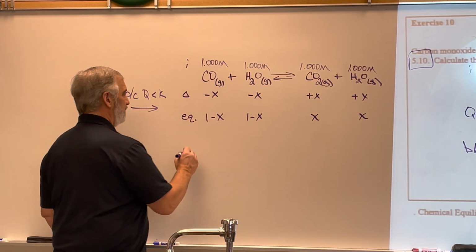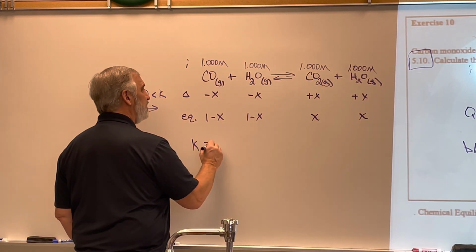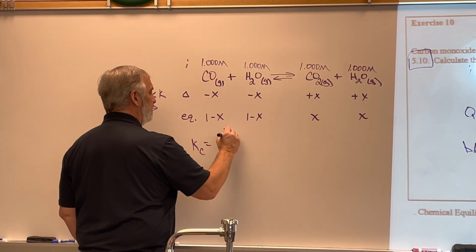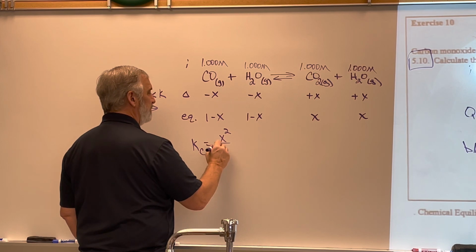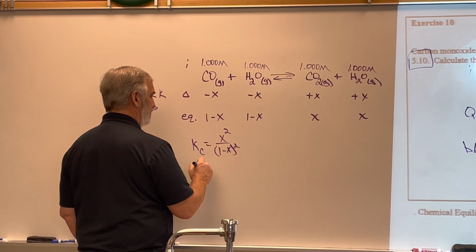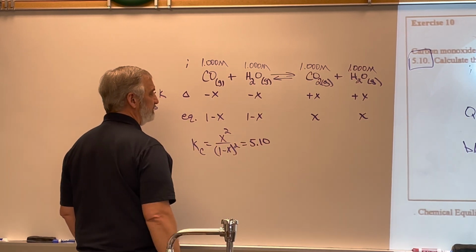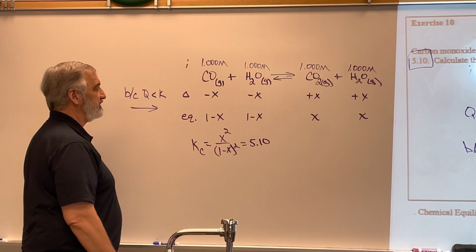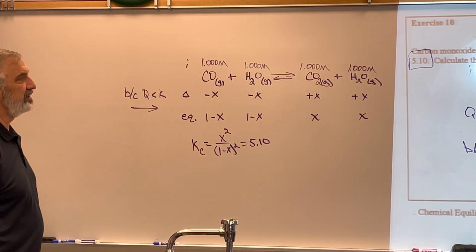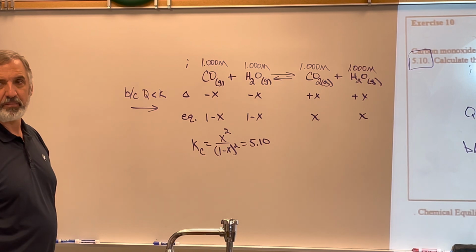So, Kc is going to equal x squared over 1 minus x squared, which is going to equal my 5.10. Now again, we end up doing the exact same math we did before.